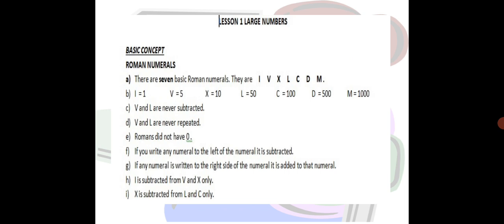V and L are never repeated, that means 5 and 50 are never repeated when we form any bigger Roman number. Roman numbers did not have any zero. They started with 1 and end with 1000, that is, they start with I and end with M.